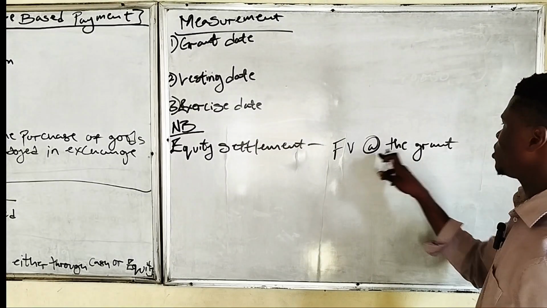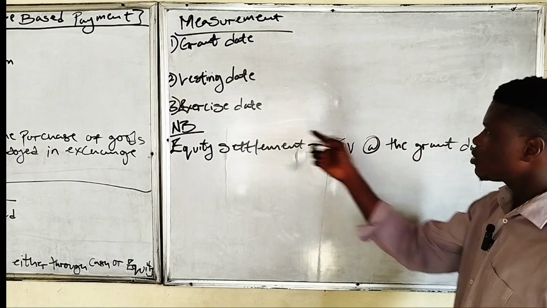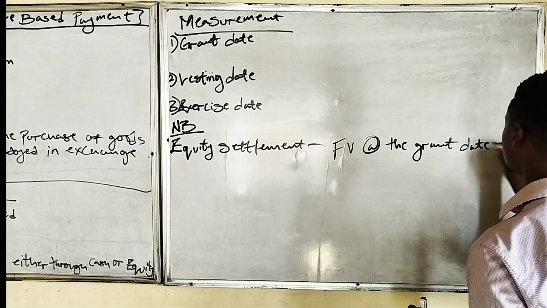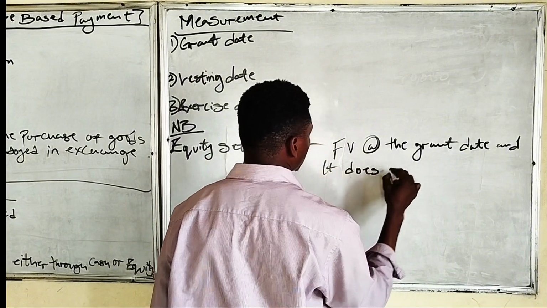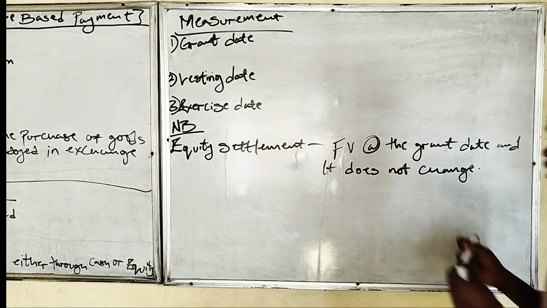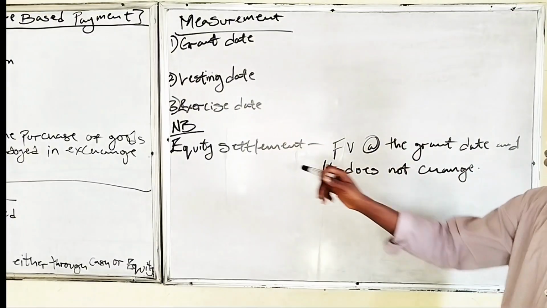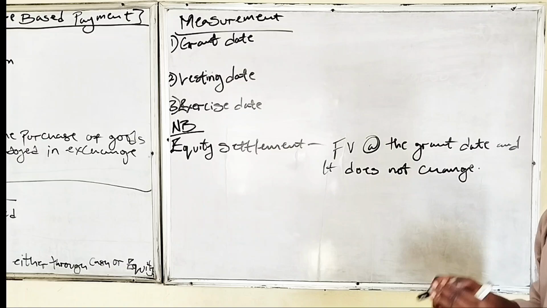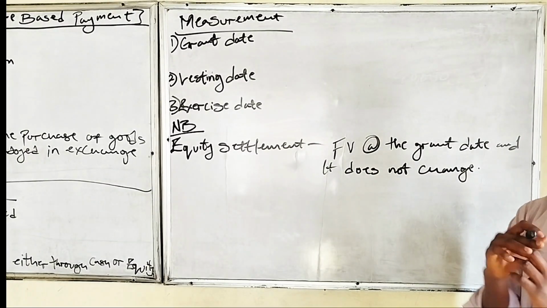So we use the fair value at the grant date to measure share-based payments under equity settlement. So fair value at the grant date, and it does not change. Regardless of the number of years, it will remain the fair value at the grant date. Note that for equity settlement, we use the fair value at the grant date to measure share-based payment, and it does not change for the reporting period regardless of the number of years.